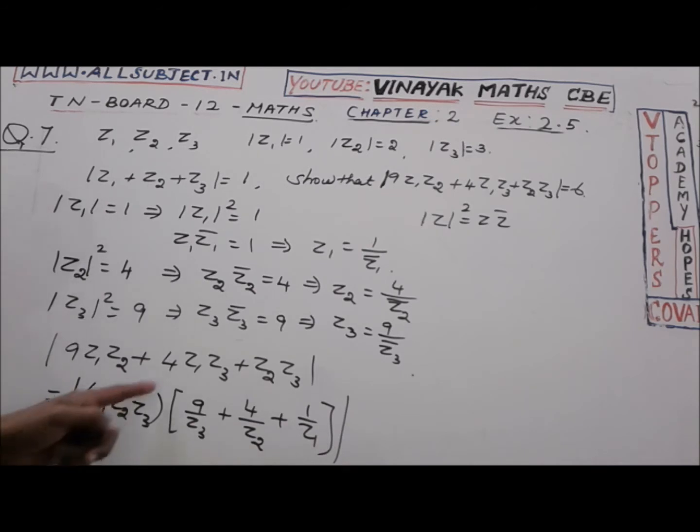So removing Z1, Z2, Z3 as common, this is what remains: 9 by Z3 plus 4 by Z2 plus 1 by Z1.